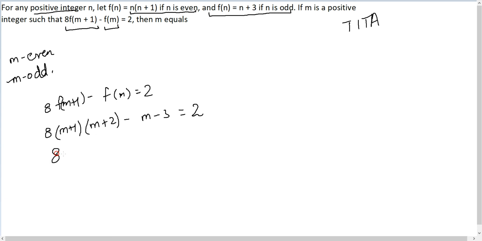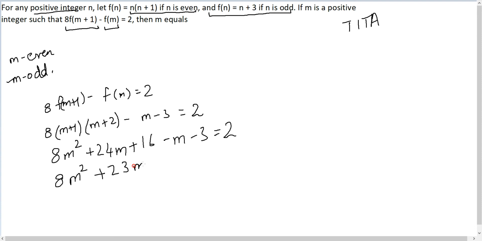You open the brackets up here, you get 8m square plus 24m plus 16 minus m minus 3 is equal to 2. You rearrange all the terms, you get 8m square plus 23m plus 11 is equal to 0.